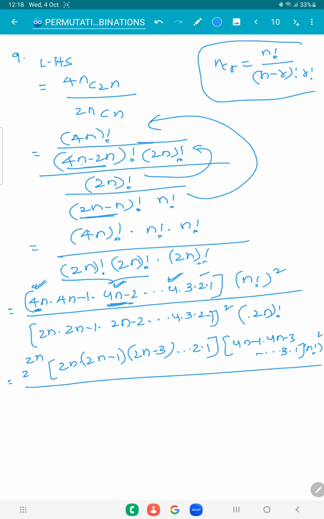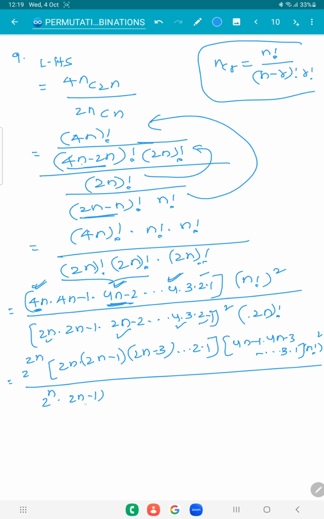By the same concept, 2n terms are there. Consecutive terms mean the alternate terms are marked. So out of 2n, alternate means half of that. From these terms, bringing 2 common n times, it becomes 2 power n.